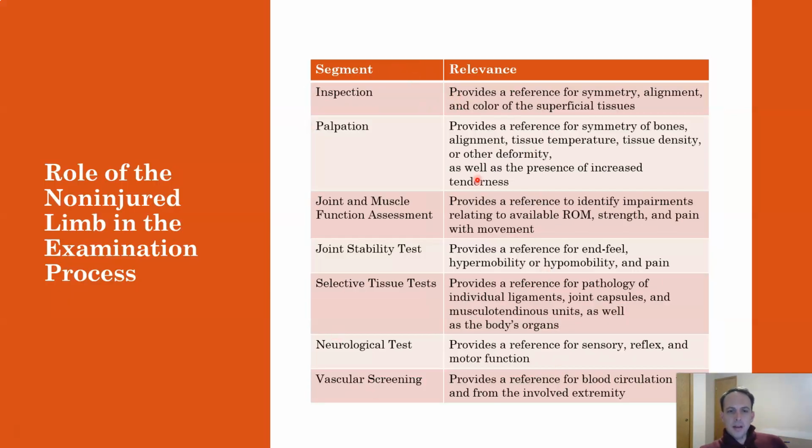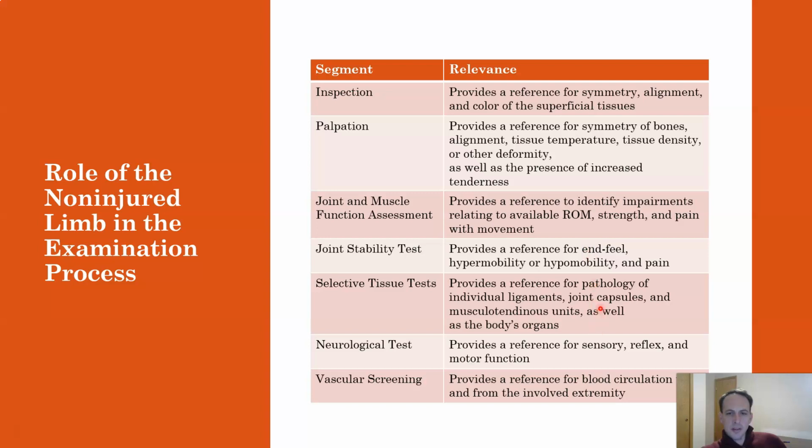Moving along into more of the objective measurements side, the inspection, it gives us a reference for symmetry and alignment. Palpation, again, we're looking for alignment, tissue temperature, and densities with that. These are the things that we're going to be palpating for, so we can look for abnormalities.